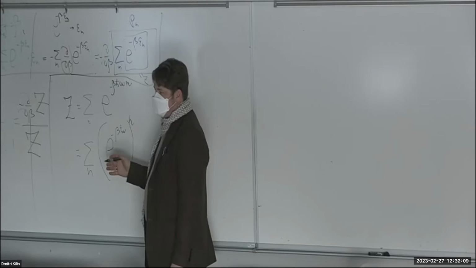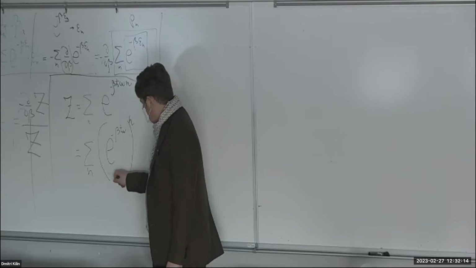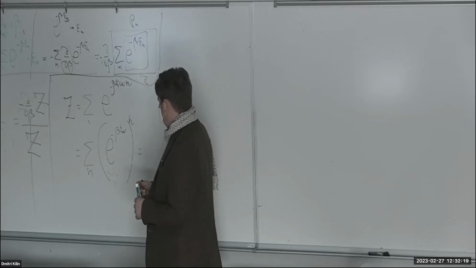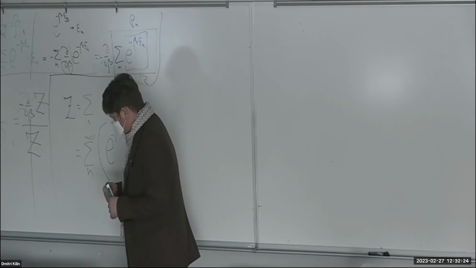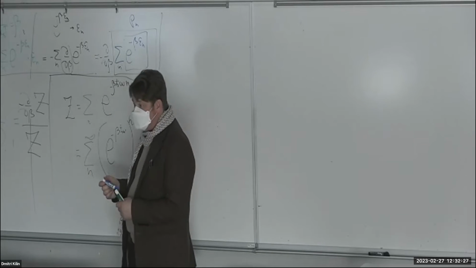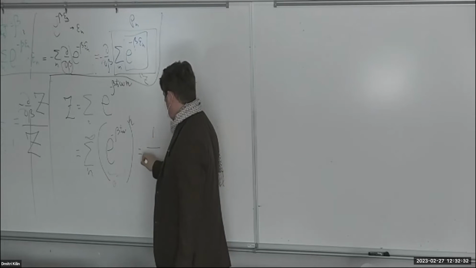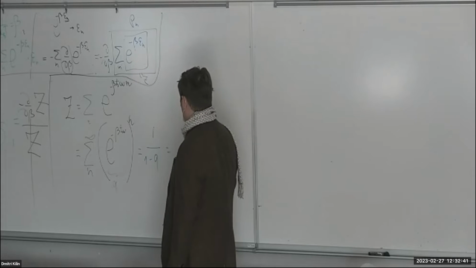And even if we fail this limit, we can practice it. Just take it as q or x, and then just get the knowledge from our high school geometrical progression. So the result will be 1 divided by 1 minus e to the power minus beta h bar omega.